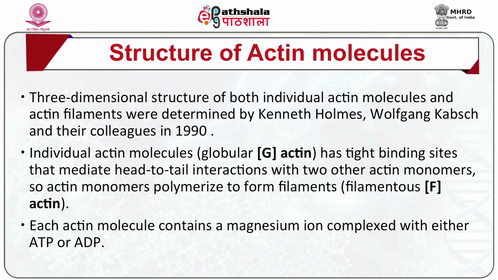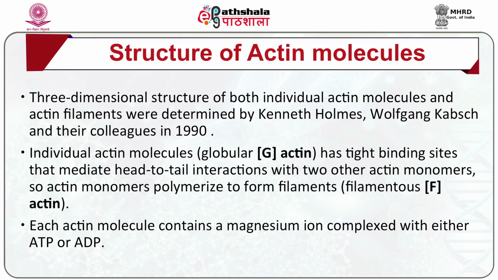The three-dimensional structure of both individual actin molecules and actin filaments was determined in 1990 by Kenneth Holmes, Wolfgang Kabsch and their colleagues. Individual actin molecules called globular or G-actin have tight binding sites that mediate head-to-tail interaction with two other actin monomers.